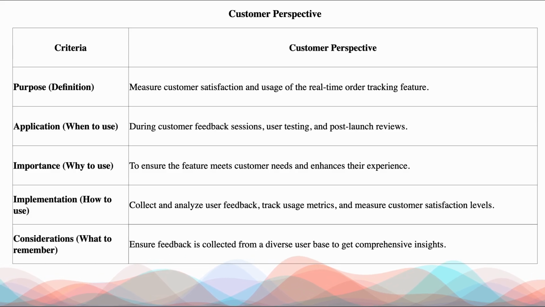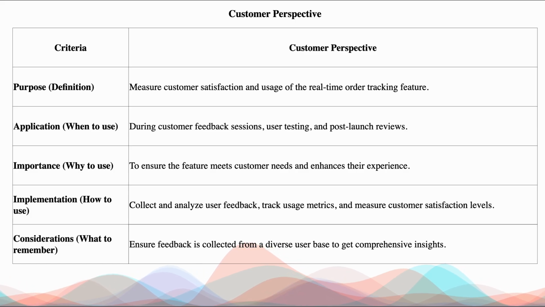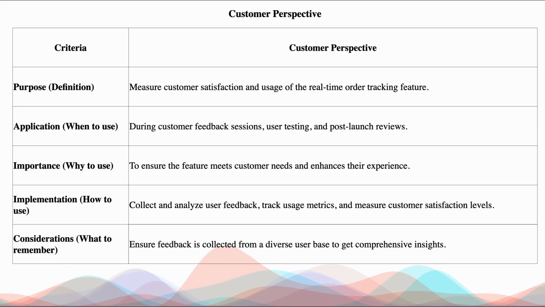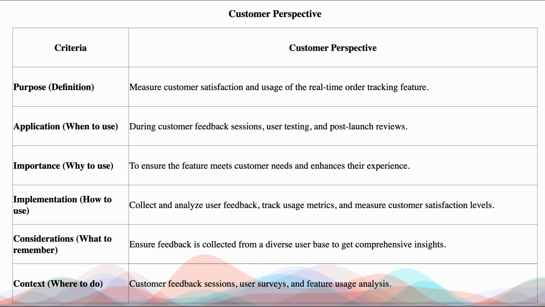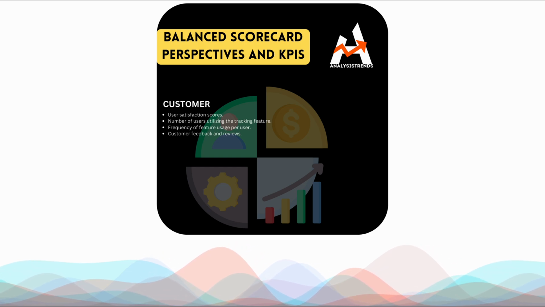What to remember when we do this with respect to customer perspective? Ensure feedback is collected from a diverse user base to get comprehensive insight. And where to do? Customer feedback session or user survey or feature usage analysis. What happens when you do this? We get a KPI. So what are those KPIs in case of customer perspective?